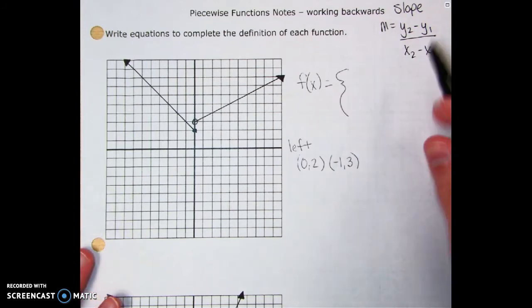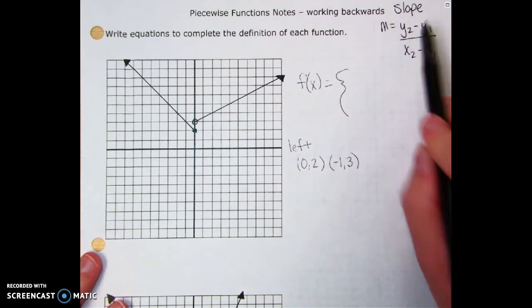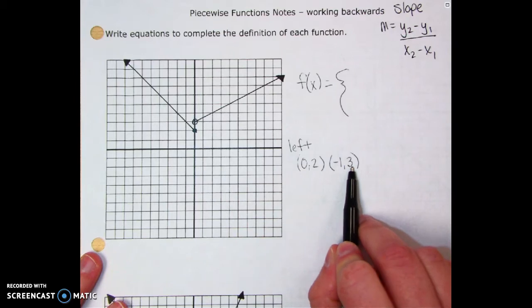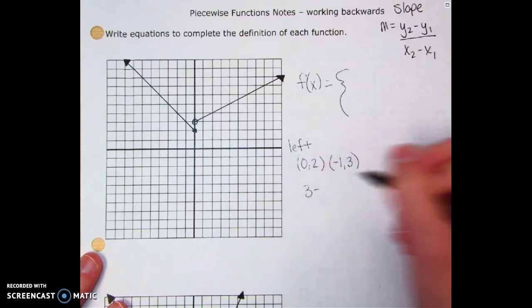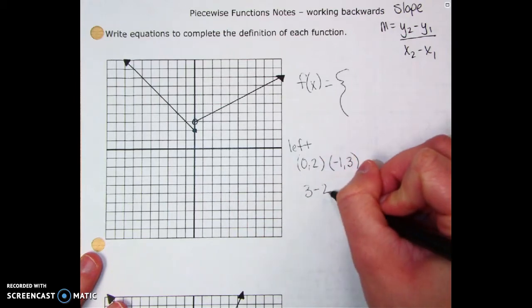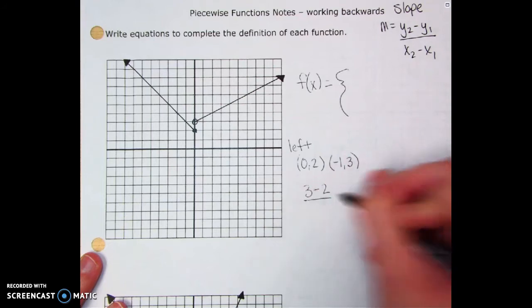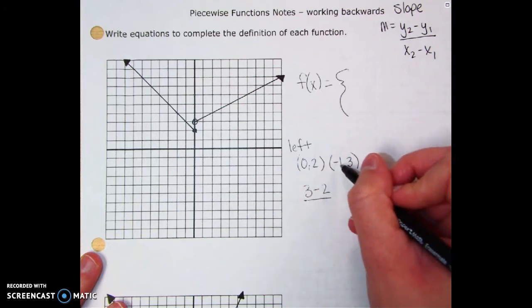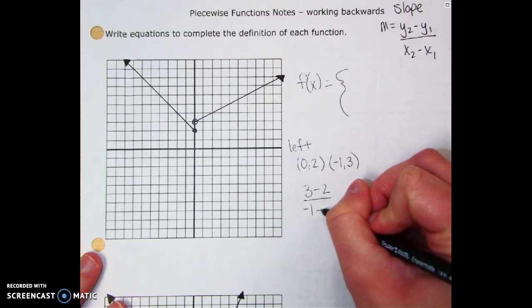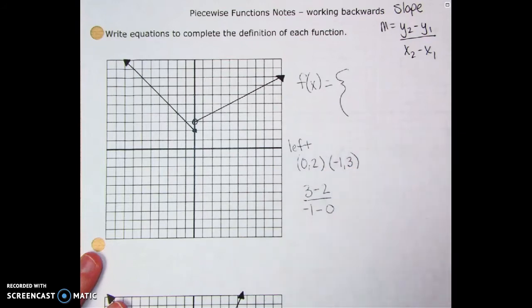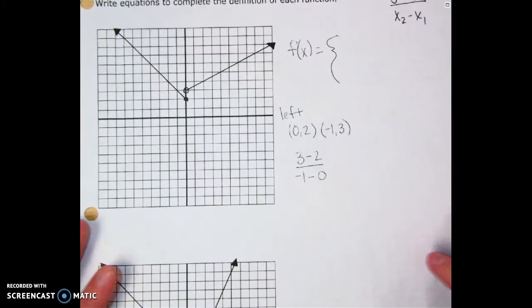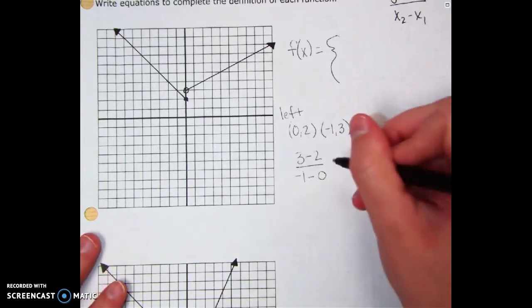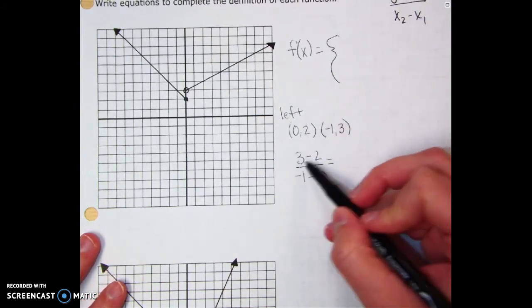And according to this formula up here, I do y2 minus y1. So this is y2. So I'm going to do 3 minus y1, which is 2, over x2, which is -1, minus 0, because that is x1. You remember doing this? What is 3 minus 2?